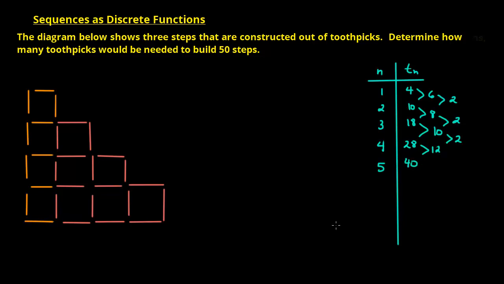So now, we could continue this pattern all the way down to 50 steps, but it's probably better here to try to write out a formula for the nth term in this sequence. So one of the things to note is that these are called the first differences.